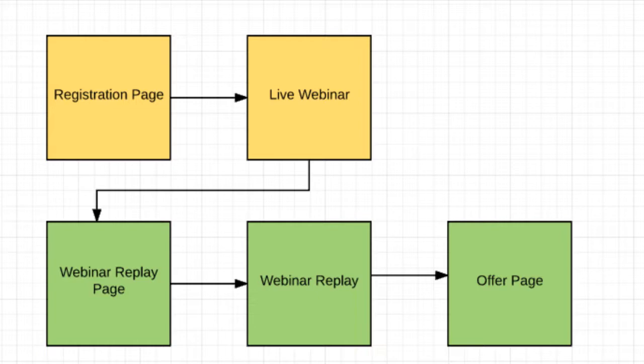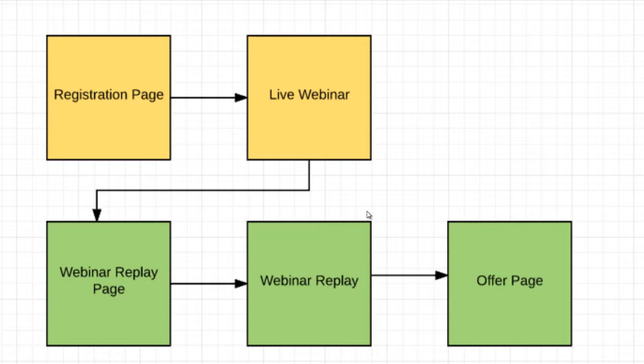Now, if you were to set up an evergreen EverWebinar funnel, for example, then you could have a webinar replay lead generation page here, and then you redirect them to sign up for the webinar replay. EverWebinar or Webinar Geo is able to do this: you can set things up so that they can view the webinar replay at a certain time, or view it immediately.